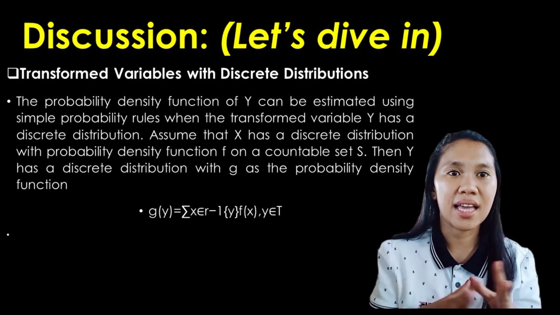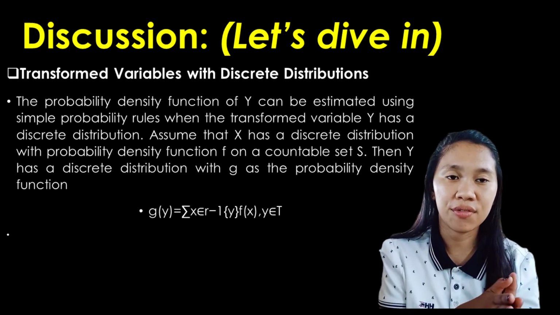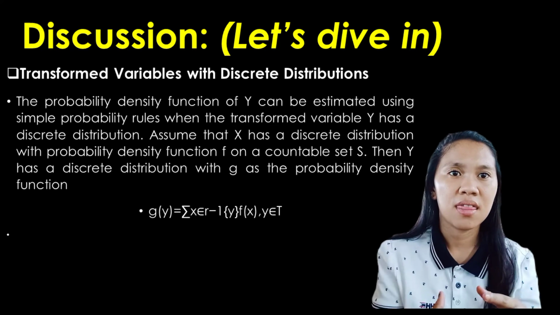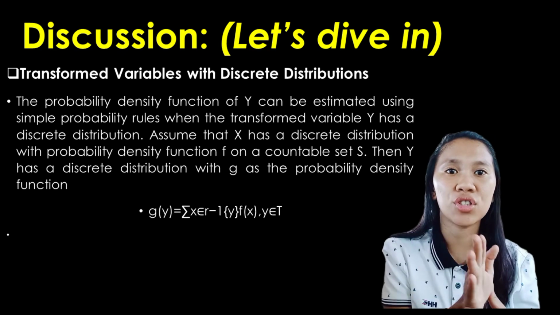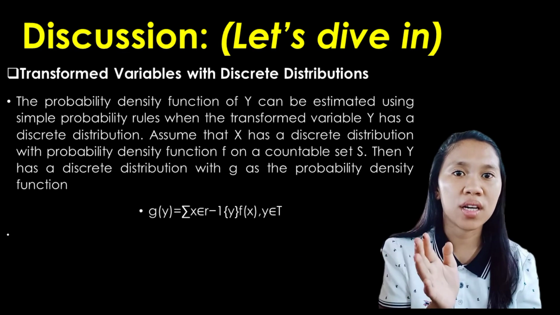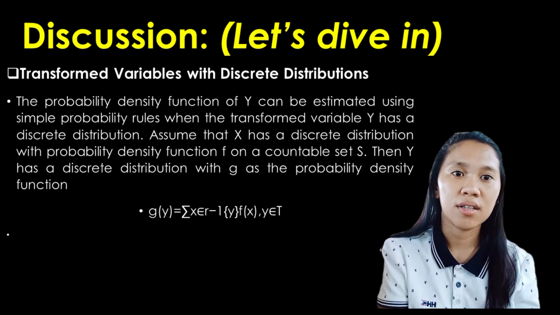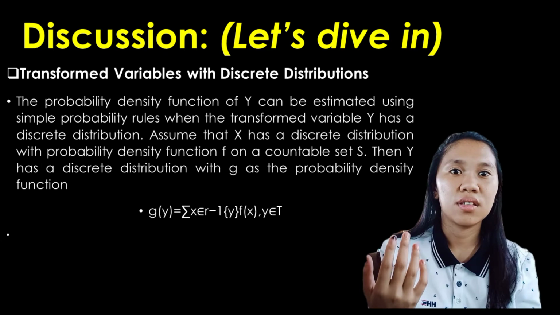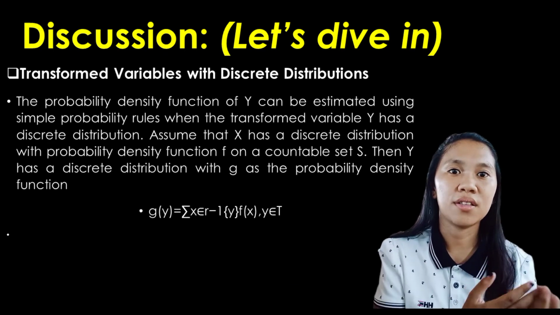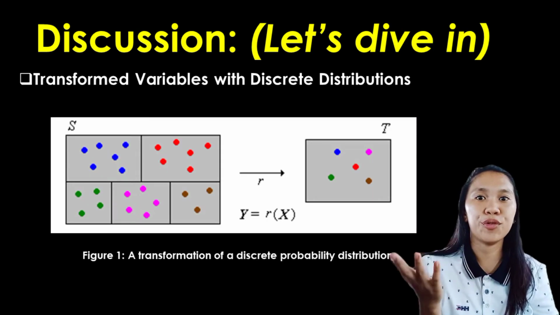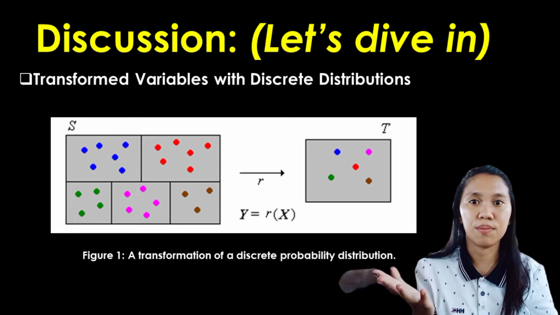So assume that x has a discrete distribution with probability density function f on a countable set S. Then y has a discrete distribution with g as the probability density function given by g of y equals the sum over x in r to the power of -1 of y, of f of x, for y an element of t. As you can see in this proof, it is a transformation of a discrete probability distribution.